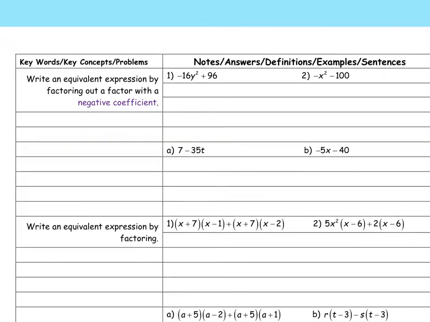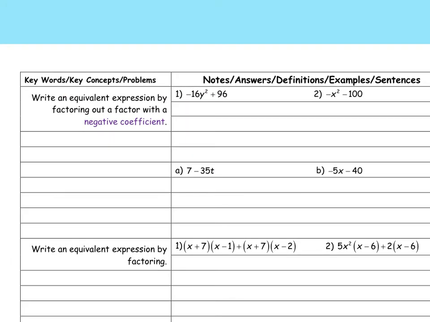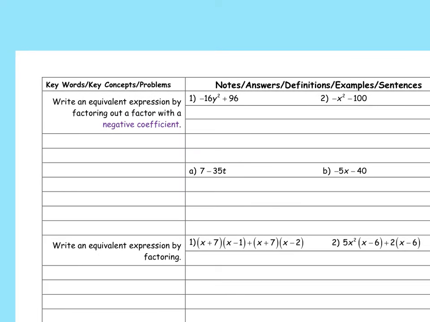Okay, so we're pretty much doing the same thing here, except the directions say I want to factor out a negative coefficient. So whatever I factor out has got to be negative. So I'm going to factor out a negative number or variable, whatever I'm factoring out has to be negative.